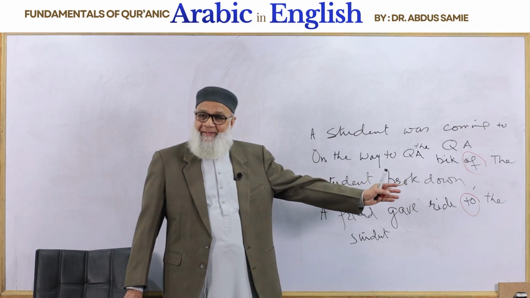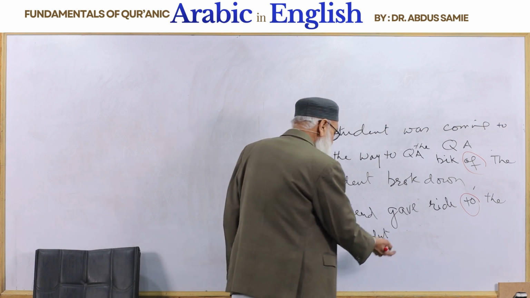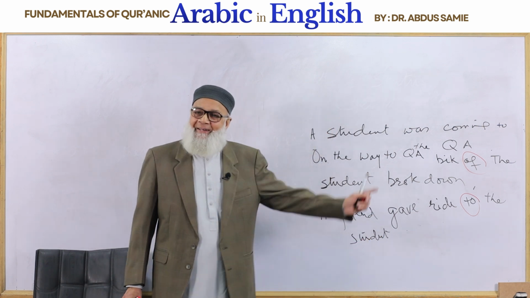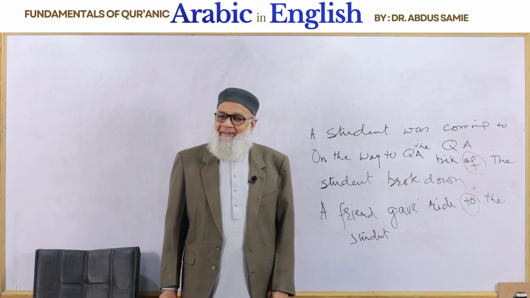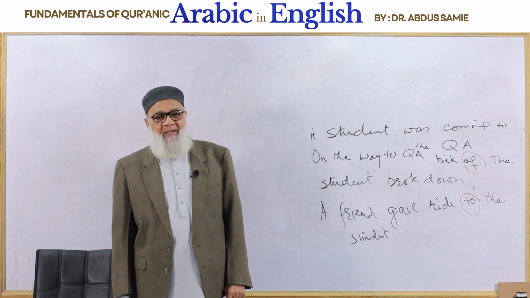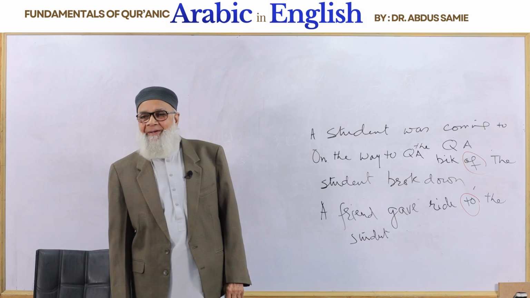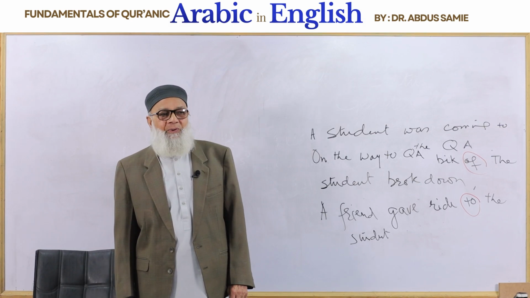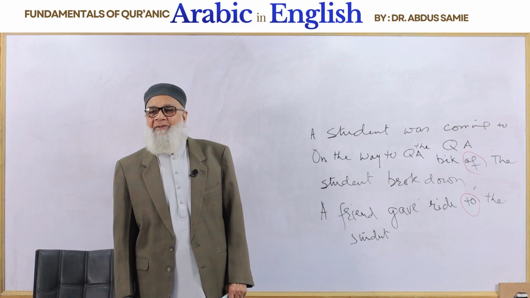You can say like this. But if you utter the word student first, then it will become the subject and the friend would become the object. In Arabic, you indicate with the help of i'rab only. You don't have to use extra words.